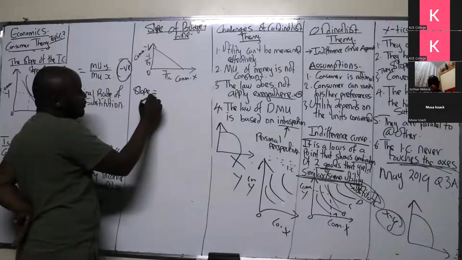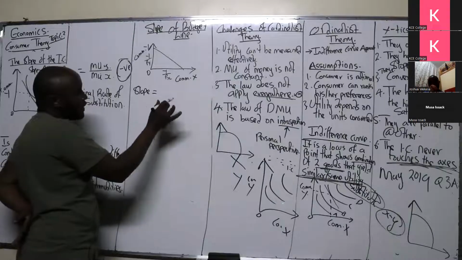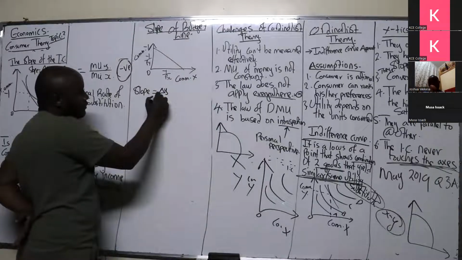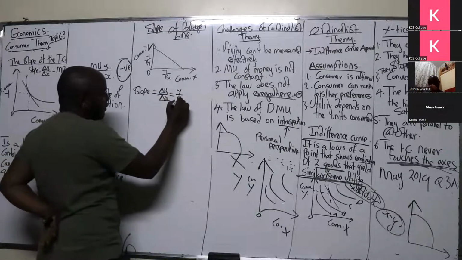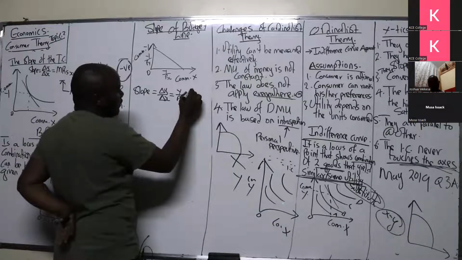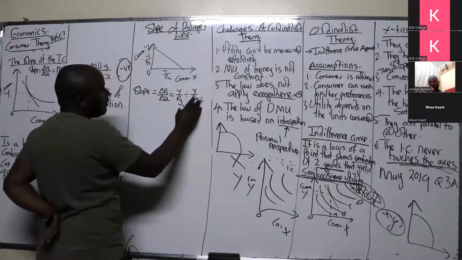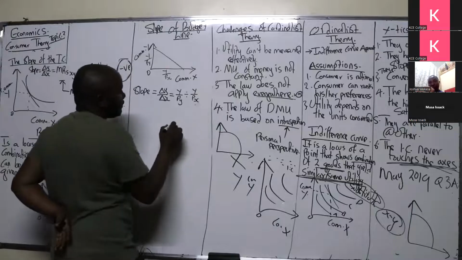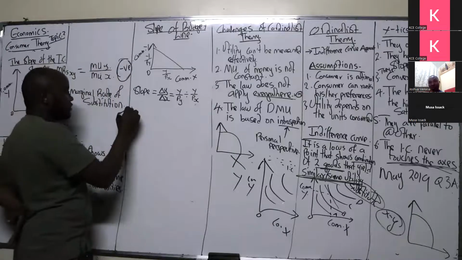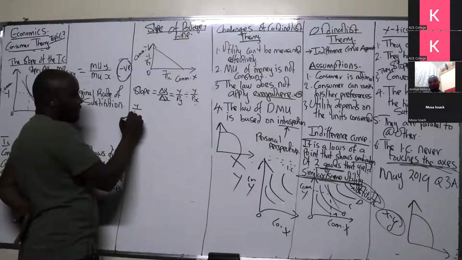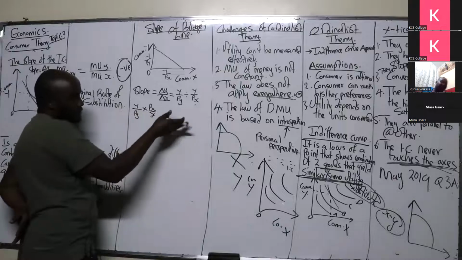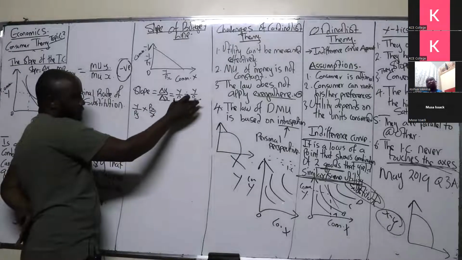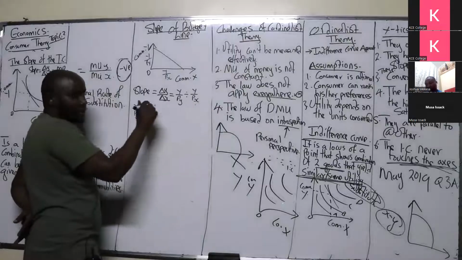Slope, I believe, is the change of Y divided by the change of X, meaning that it shall be (income over PY) divided by (income over PX). In short, the slope will be income over PY times PX over income.